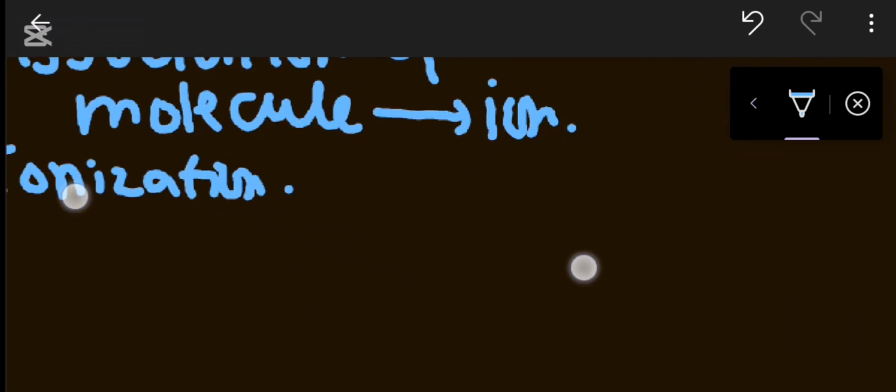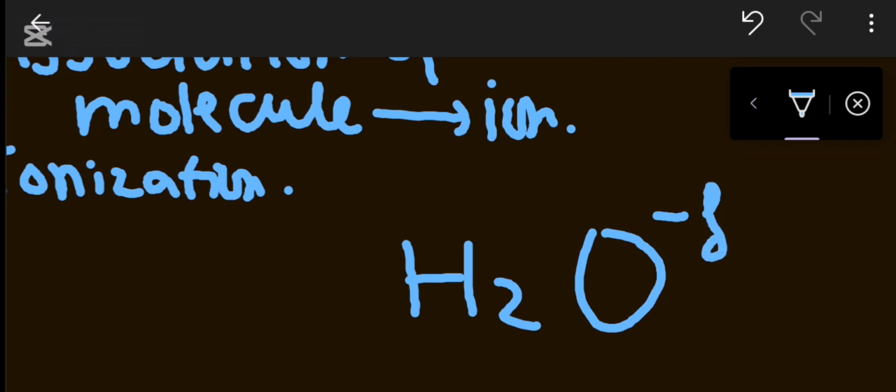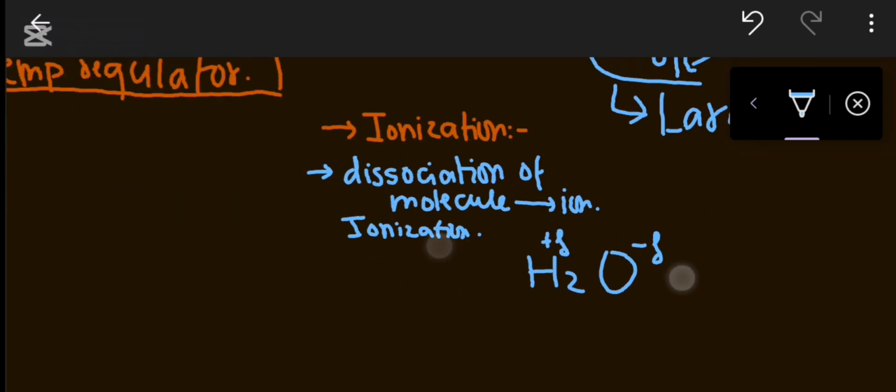Here you can see the dissociation of the water molecule H2O, where oxygen gets a partial negative charge and hydrogen a partial positive charge. So this is the dissociation into ions.